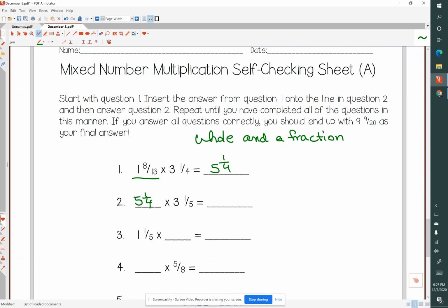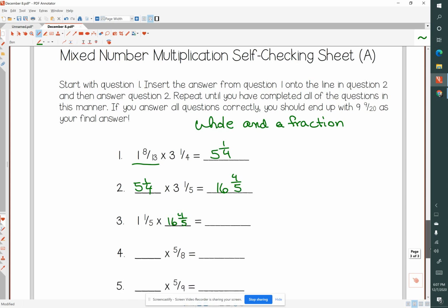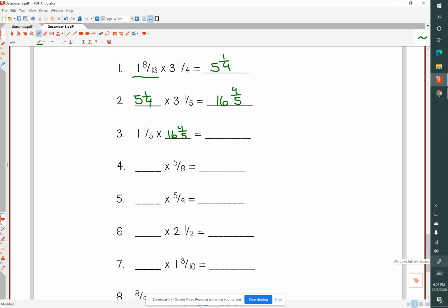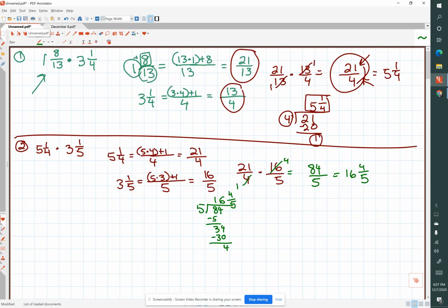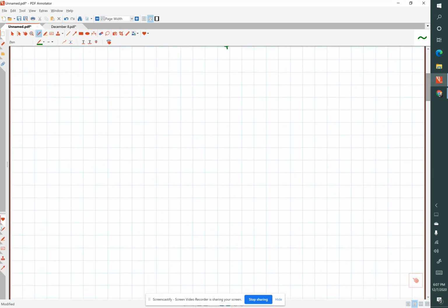And we'll put that on our paper. And we'll insert that into number 3. And let's go back to our notebook paper. And we'll work on number 3, which is 1 1/5 times 16 4/5. Now, 1 1/5, we'll convert that to an improper fraction.